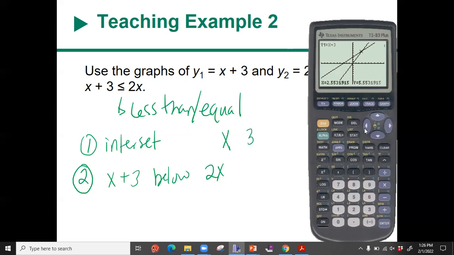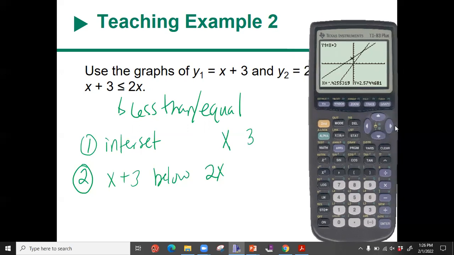So x plus 3 is this line, the one on top, and I want it to be below 2x. So at what point is it below 2x? Well, that's not when I'm less than 3, but when I am greater than 3. So notice as I move my little spider, that's when x plus 3 is below 2x. It's when x is greater than 3.